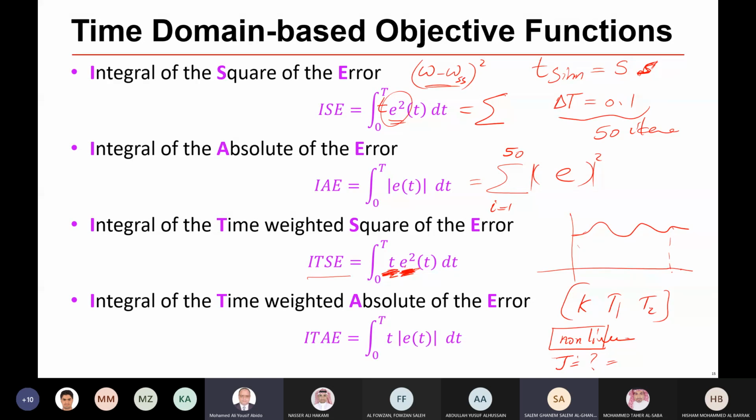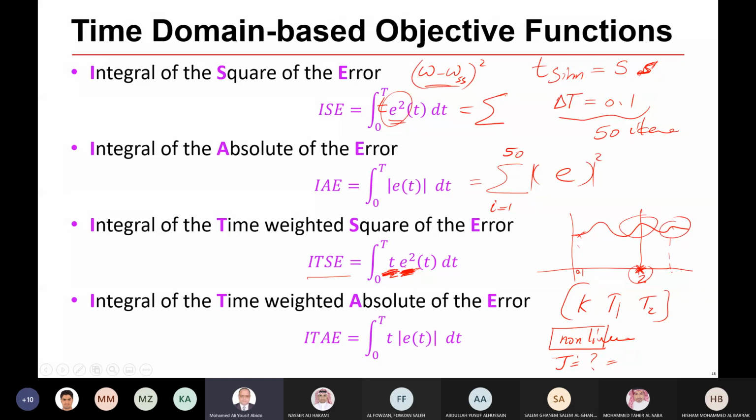Okay. Here, if the deviation occurs at t equal to 2 seconds, it will be weighted more than if the deviation occurs at 0.1 second. So any deviation here would be multiplied by 2, here would be multiplied by 3.